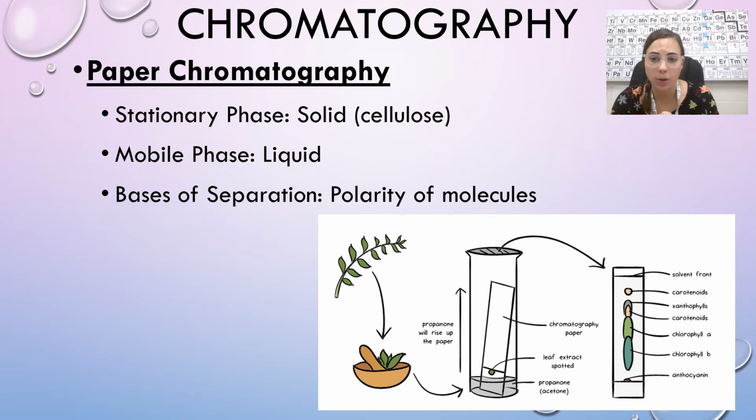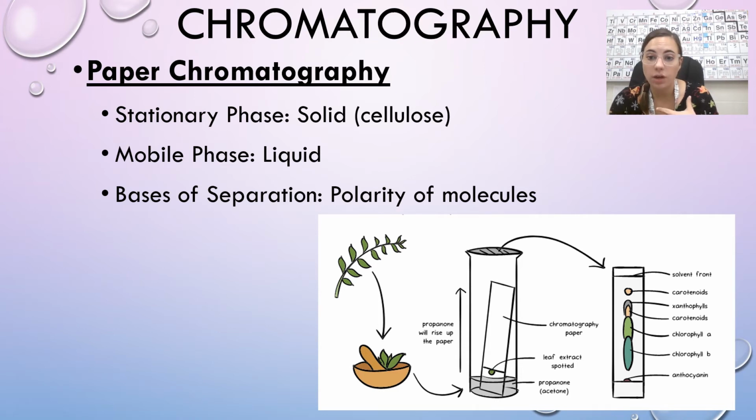The first is paper chromatography, and if you've done chromatography, this is probably the type that you have done. So the stationary phase is a solid. It's usually called chromatography paper, which is made out of cellulose. And then there's a mobile phase, which is liquid, most commonly acetone, alcohol, something like that. What is going to cause the different components to separate is the polarity.